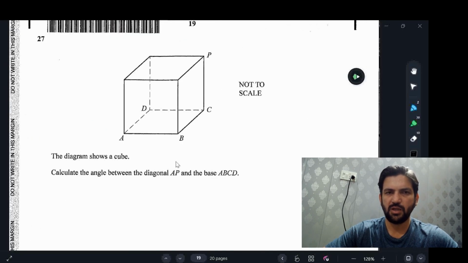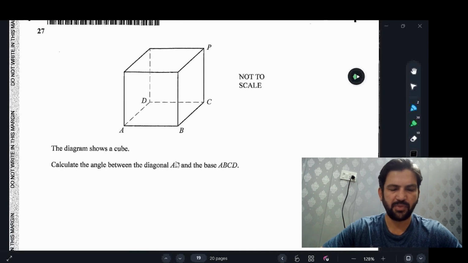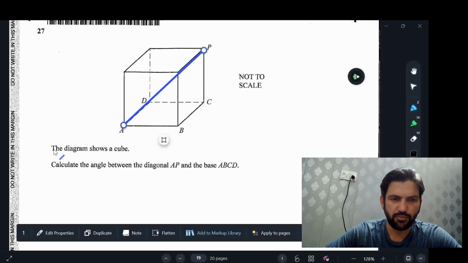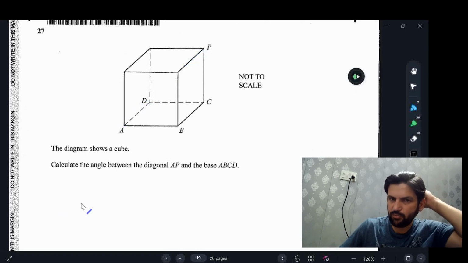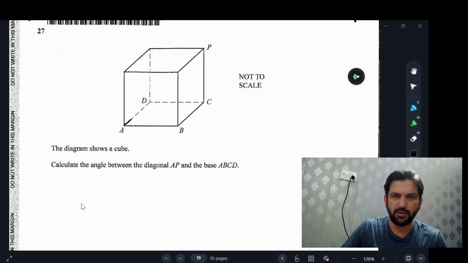Let's move to the last question, that is question number 27. Calculate the angle between the diagonal AP and the base ABCD. Good question. Now we have to find the angle between these two lines.